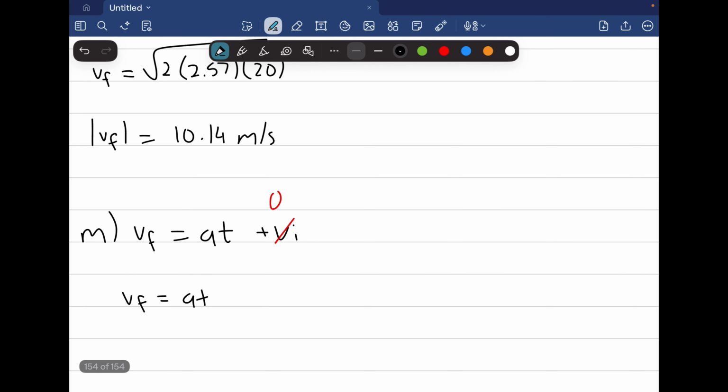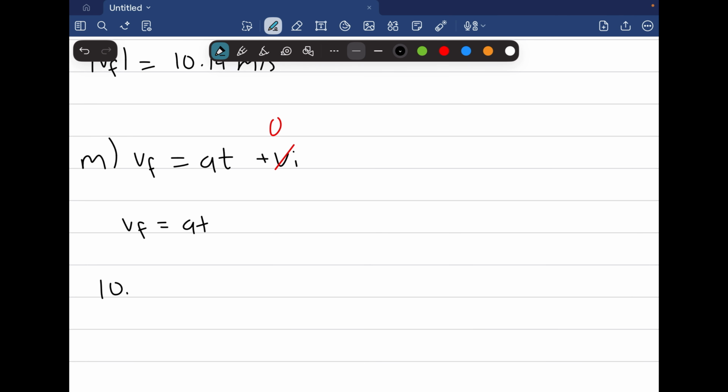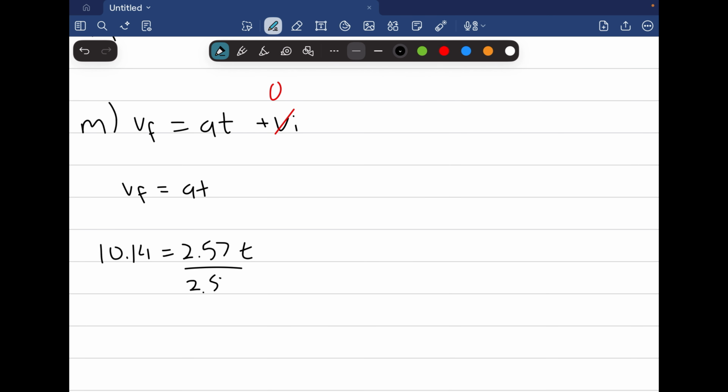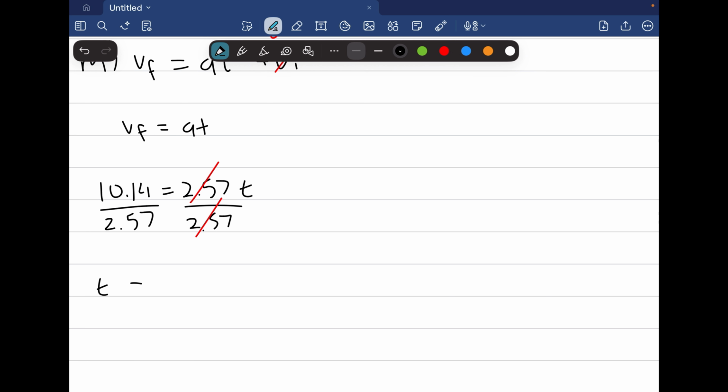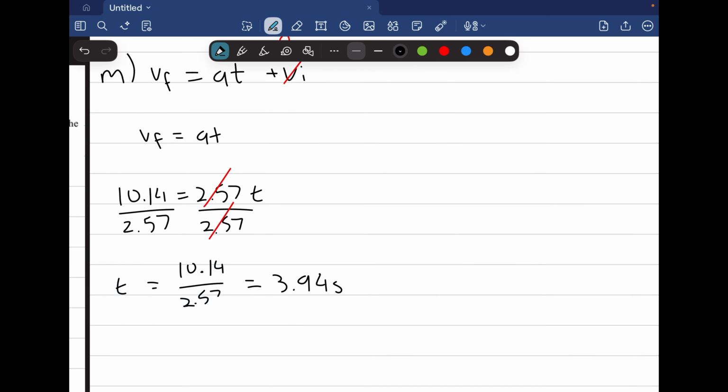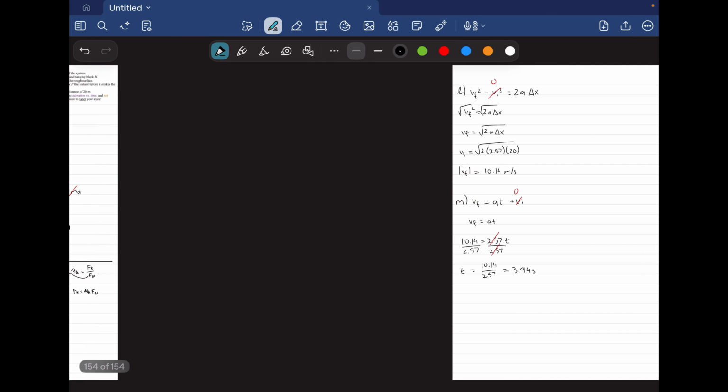So we found Vf to be 10.14. Then a is 2.57. Then t. So divide both sides by 2.57. Cancel out. So t is equal to 10.14 over 2.57, which is equal to 3.94 seconds. Okay.